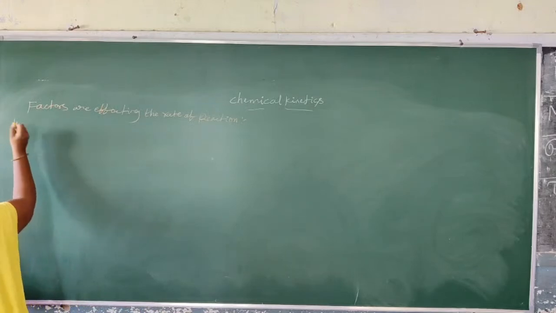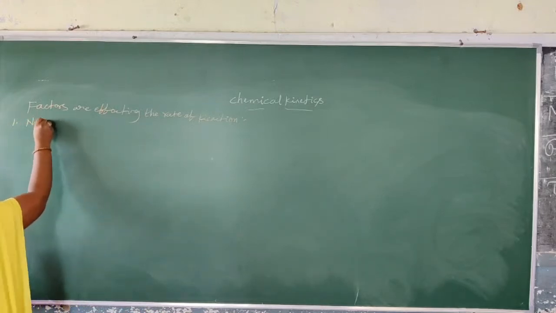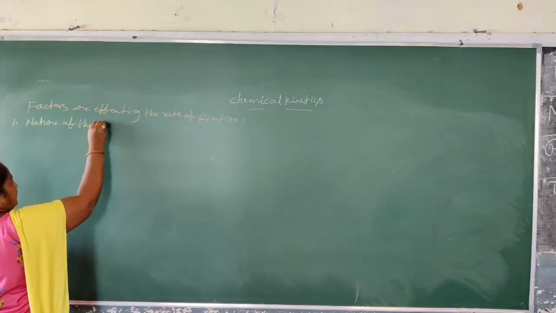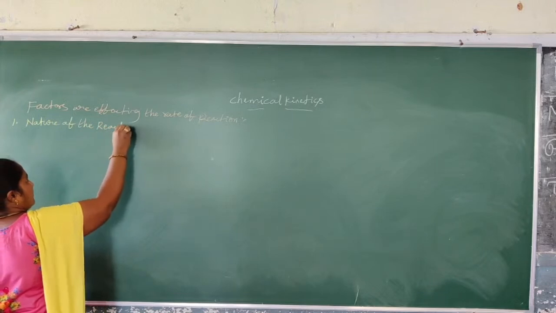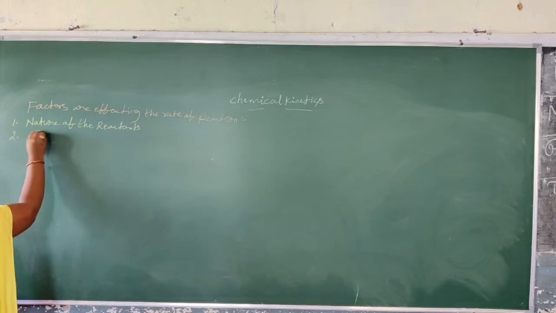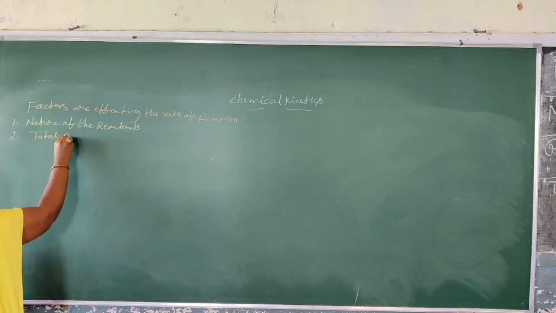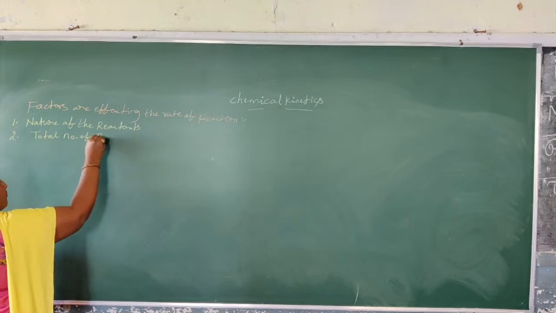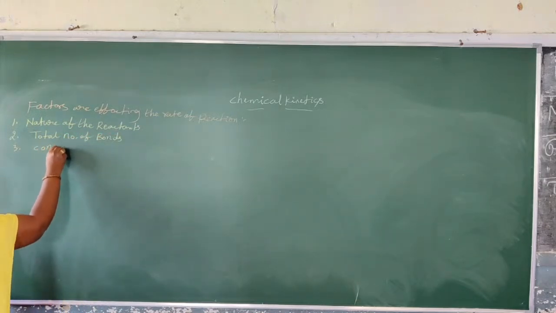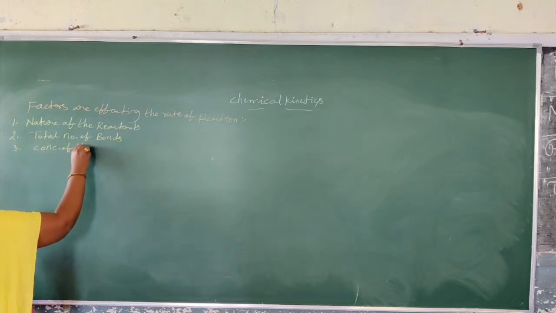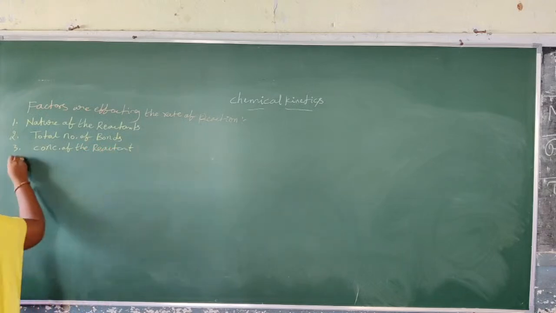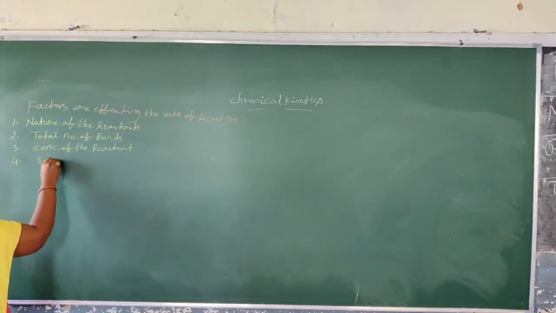For example, first one is nature of the reactants. Second one is total number of bonds. Third one is concentration of the reactant. Fourth one, surface area.